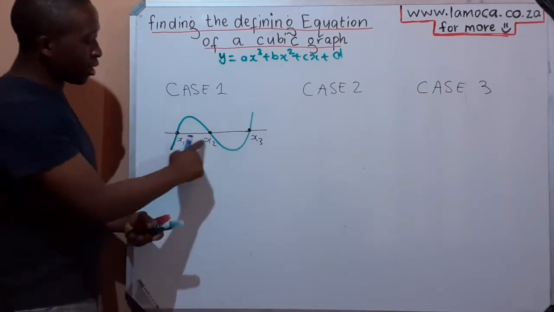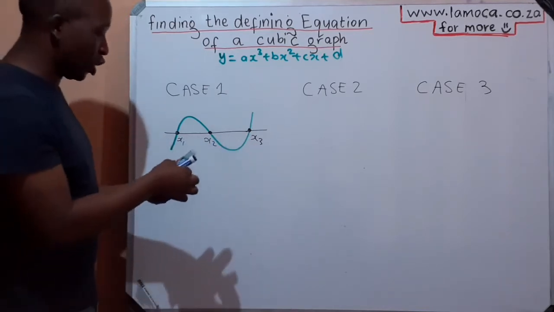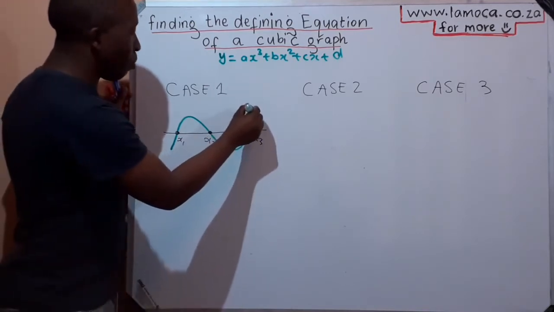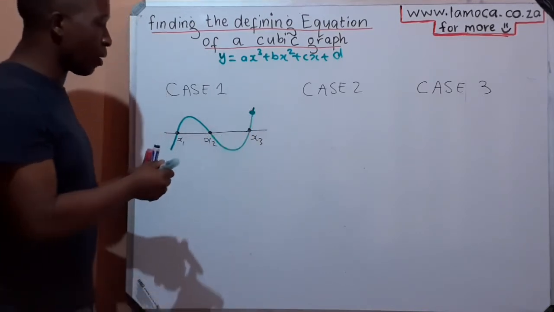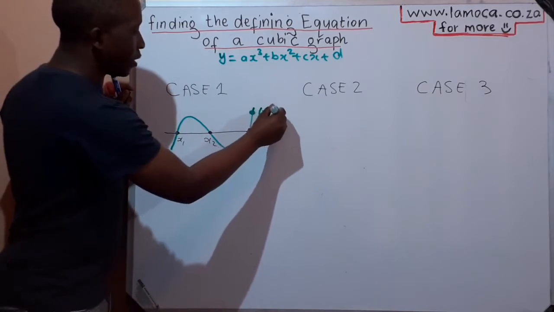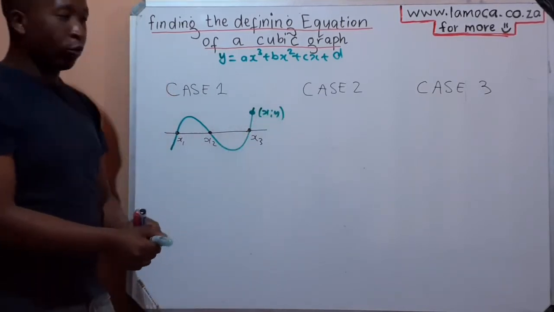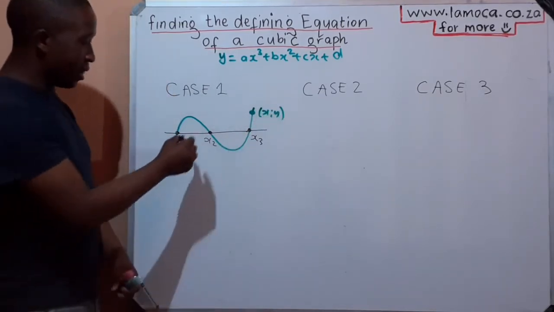So when you've got those 3 unique x values, and in addition, you happen to have a random point anywhere on the graph, with the coordinates x and y, what is the approach of finding the defining equation under these circumstances?